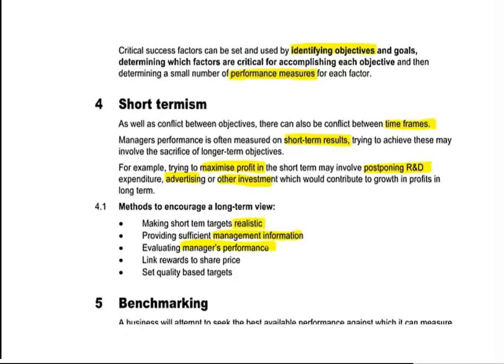And think about evaluating their performance based on more than one measure. So if we want to try and encourage share growth, investor returns, then we could link managers' performance to share price, a longer term measure than short term profits. We might also have targets which are not financial, so have targets that are based on quality.